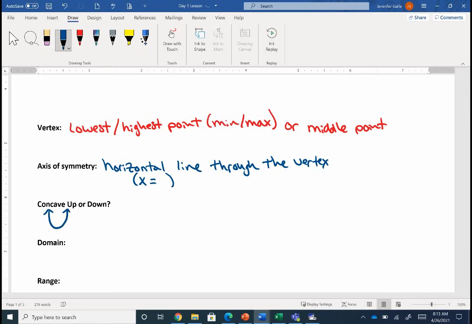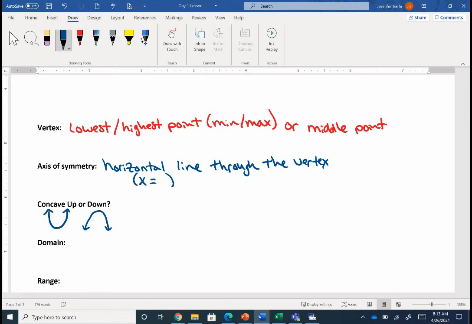Don't let the word concave throw you off. It's just describing that U shape. And then concave down is when we reflect it and flip it upside down. We're going to see today how we can tell from our equation which way our graph should look before we graph.